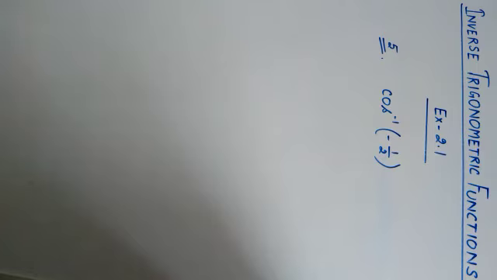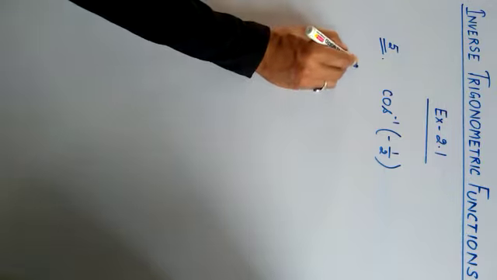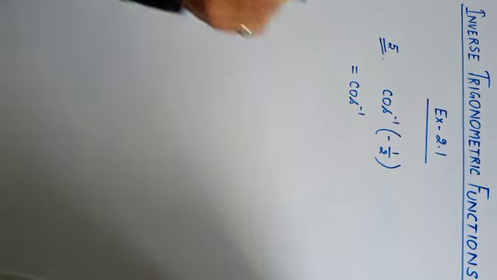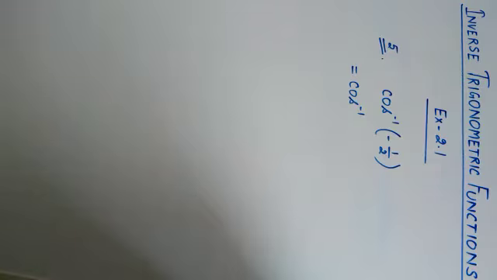Now next is question number 5, which is cos inverse minus 1 by 2. So we can write cos inverse as it is, and 1 by 2 is the value of cos 60.